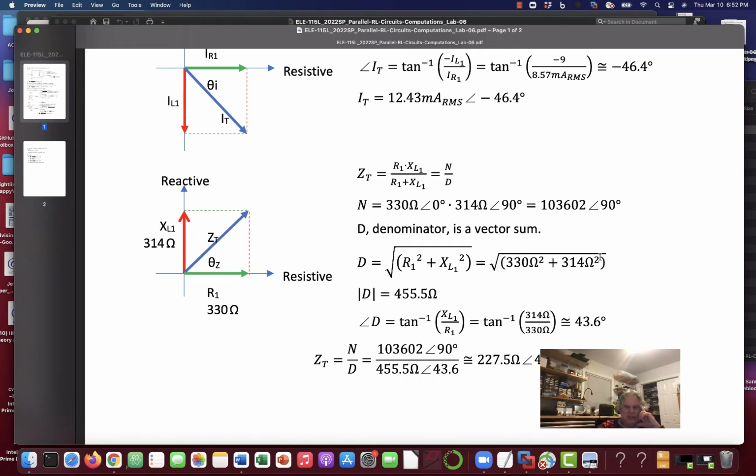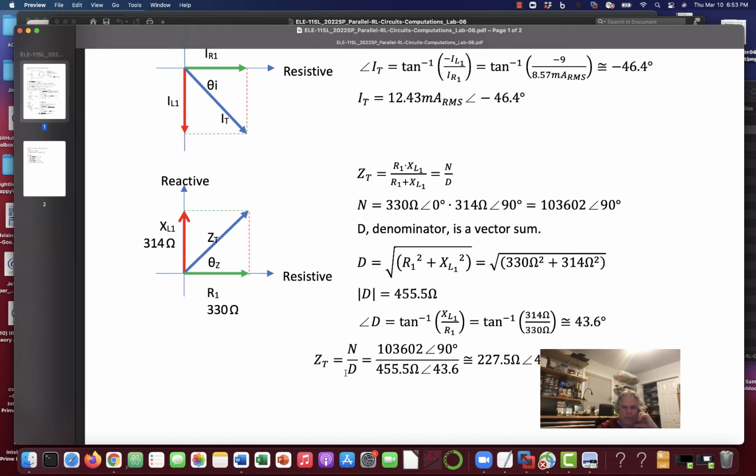So the magnitude of the denominator will be 455.5 ohms, and the angle of the denominator, as the vector sum, will be the angle whose tangent is the opposite, which is 314, over the adjacent, which is 330, and we come up with 43.6 degrees.